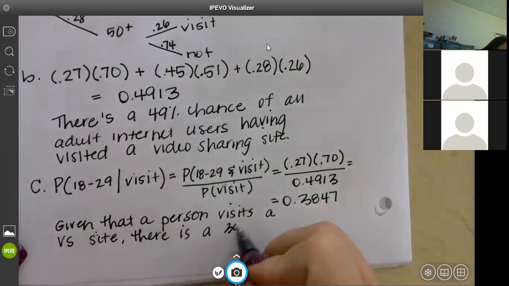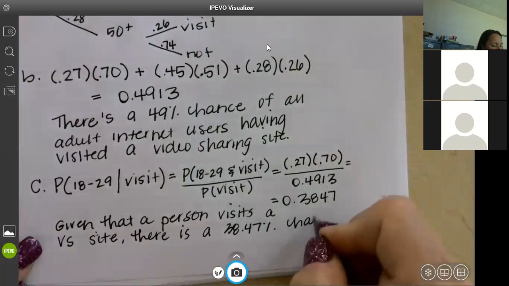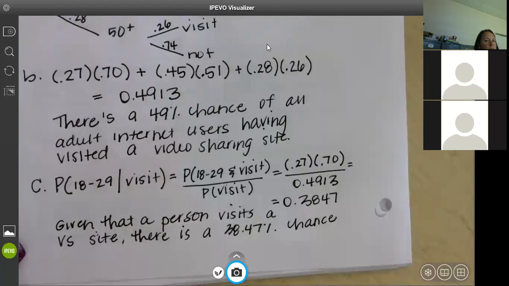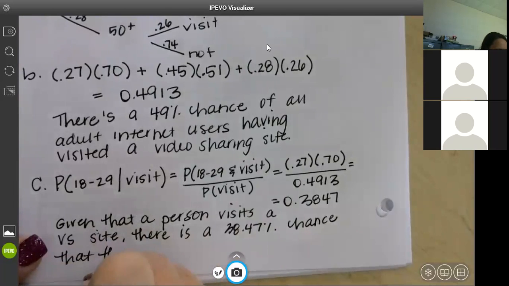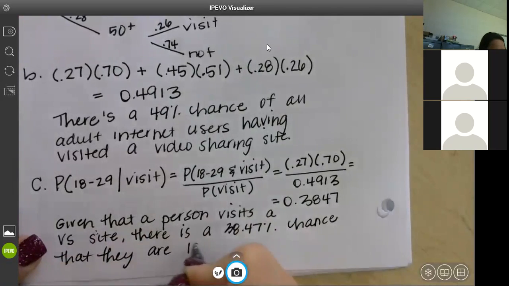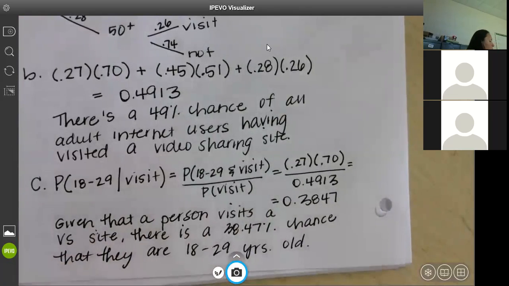There is a 38, and you can put the whole thing, 0.47%, or you could say approximately 38. You could say 38.4. It doesn't matter. 38.5. Chance of what? Yep. Years old or age, 18 to 29 years. Very good.